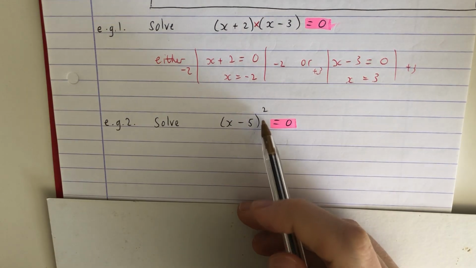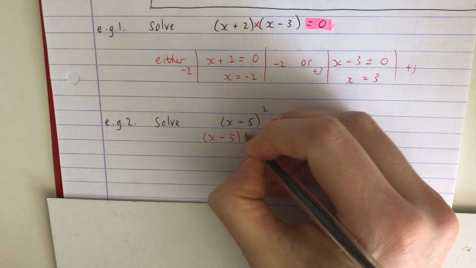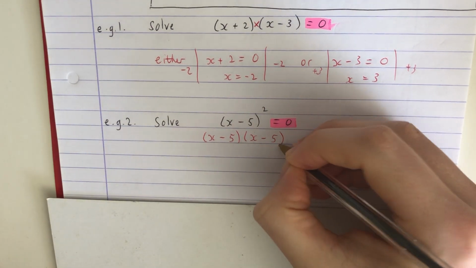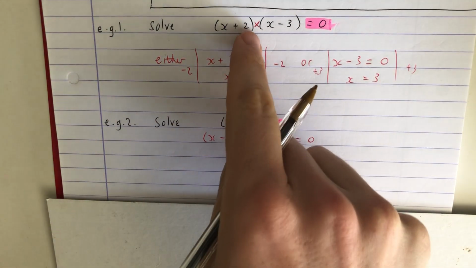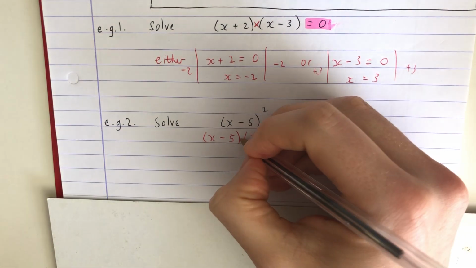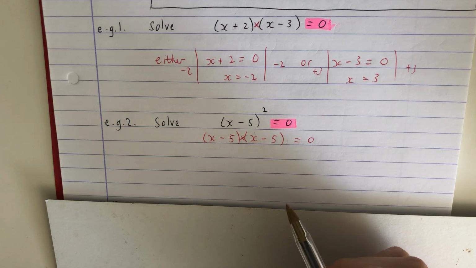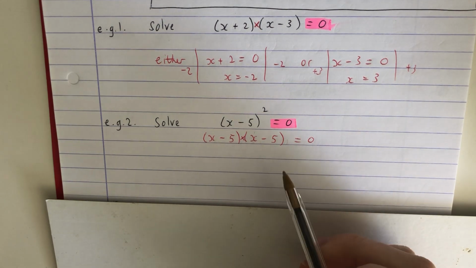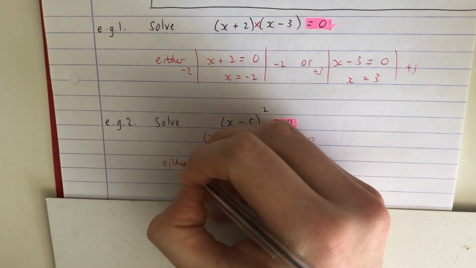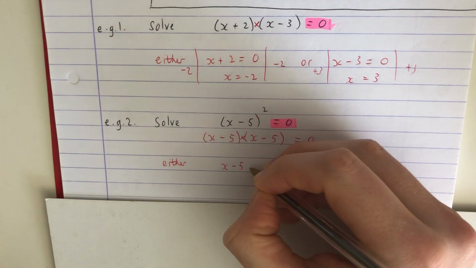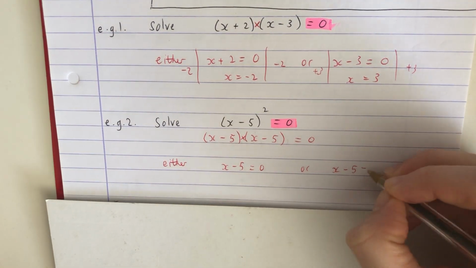Something squared is the same as doing x minus 5, bracket x minus 5. Now you're left with something which looks very similar to the one above. There's a times sign, it is equal to 0, and you can use the logic from above: either the first number is 0 or the second number is 0. So either x minus 5 is equal to 0 or x minus 5 is equal to 0.